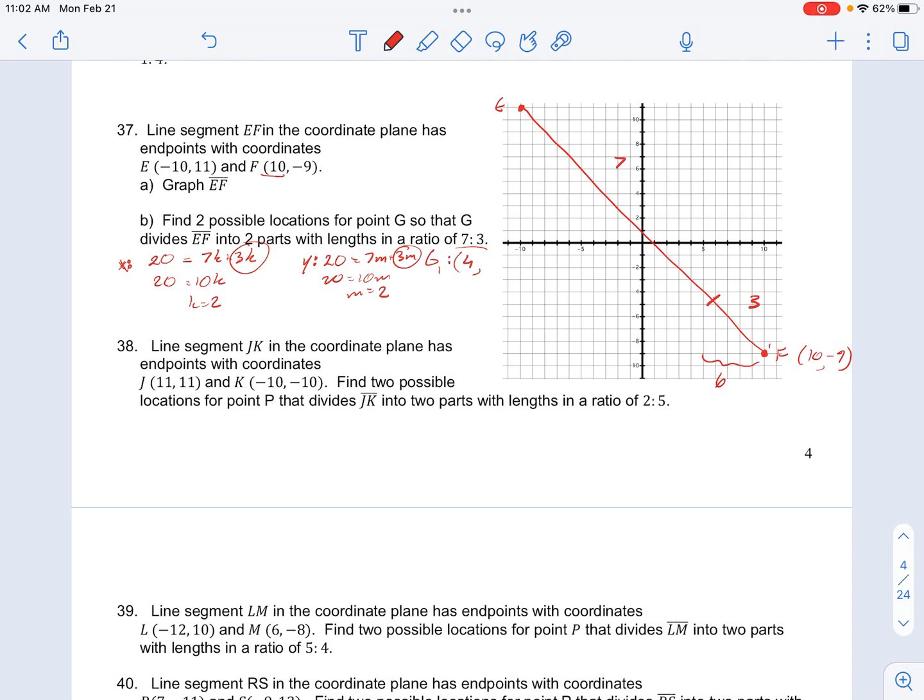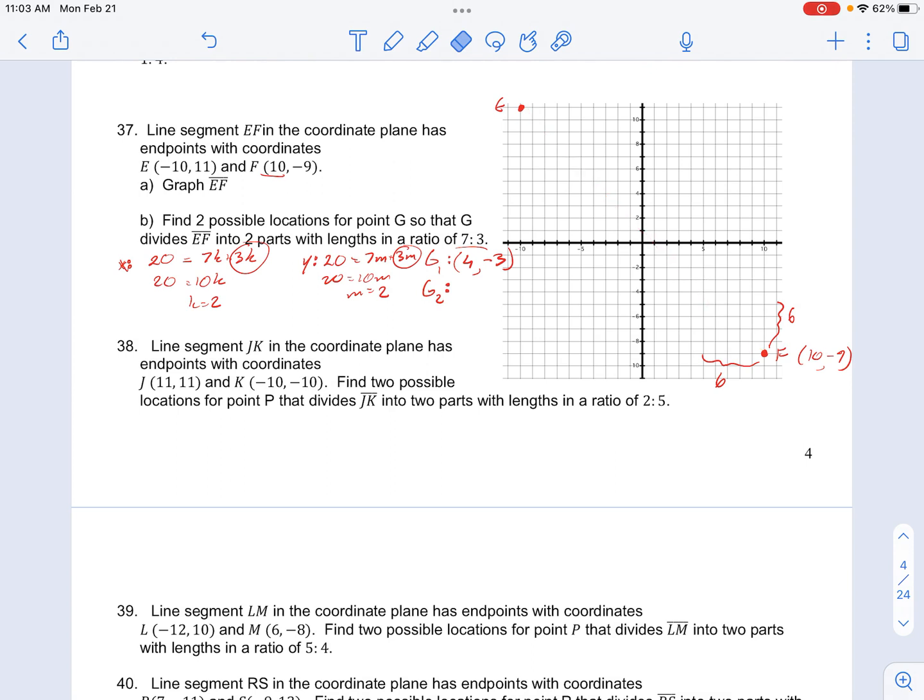So we're going to move another 6 up in the y direction to find this coordinate. So that's negative 9 plus 6, which would be negative 3. So that's G1.